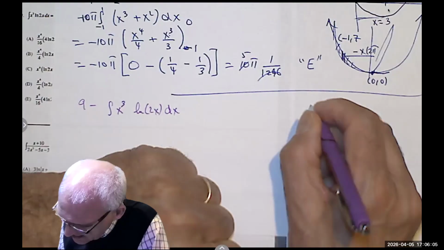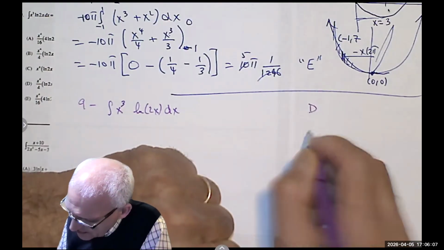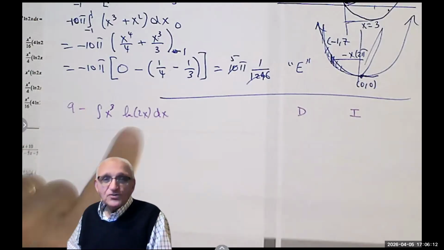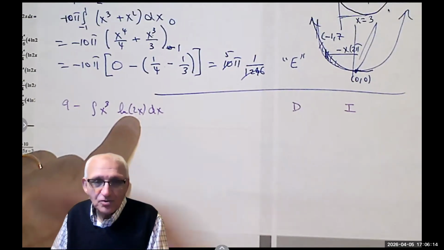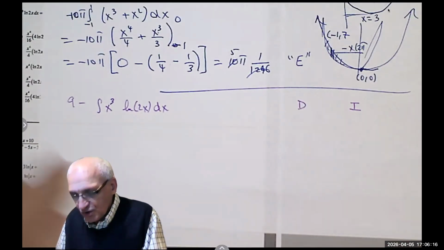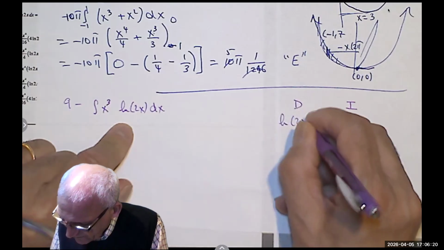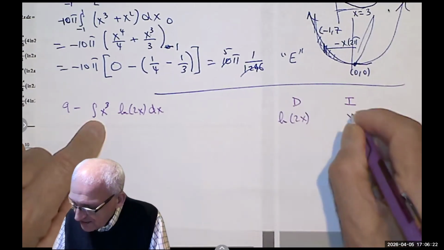So I can say this is what I'm going to take the derivative of, and that's what I integrate. I don't know how to integrate natural log of 2x. Well, I do, but generally speaking, we don't know. So I'm going to use this because its derivative is easy. And I'm going to integrate the x cubed.